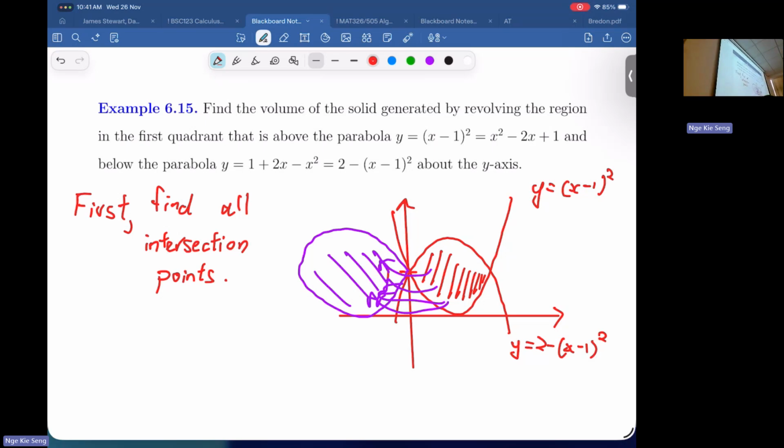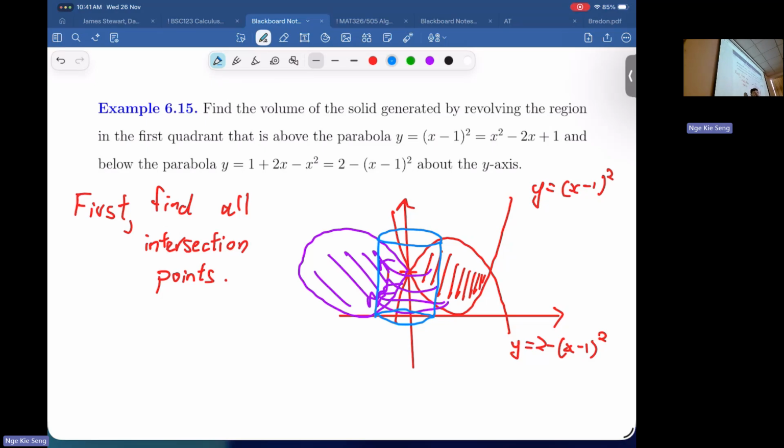So anyone try the shell method? If you want to try the shell method, you need to draw out your cylinder. Maybe your cylinder will look something like this. But did you notice that there's some part of the cylinder you don't want? You don't want everything below, right?